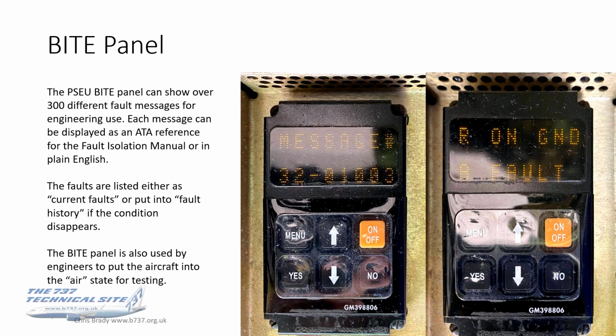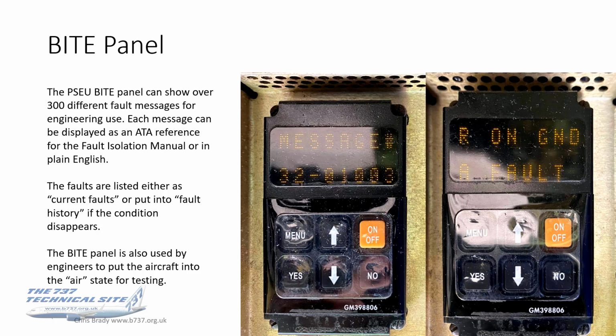Taking a closer look at the BITE panel, this can actually show over 300 different fault messages for the engineers. Each message can be shown either as an ATA reference that you can see on the left there, so ATA 32 is anything to do with the landing gear, or in a plain English version. That's it on the right, which is right on ground A fault.